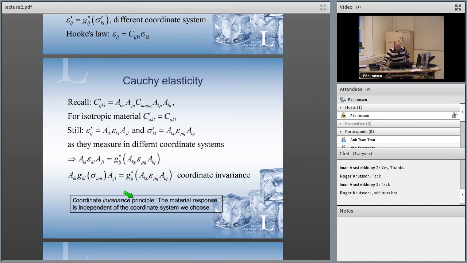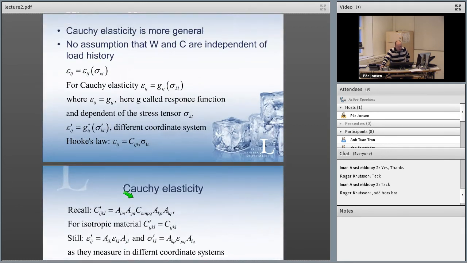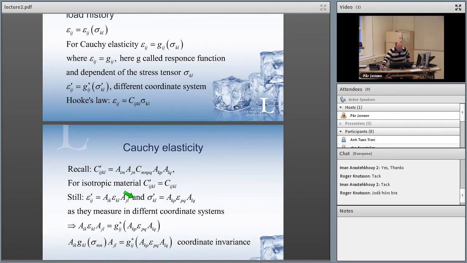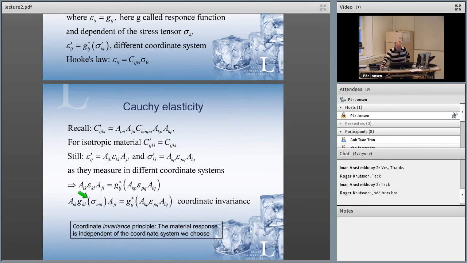So if you do that on the result from the other slide here, you have this property here. You transformed it, and then you take this measure here. You can transform your G tensor also because it's dependent on the stresses and the strains.